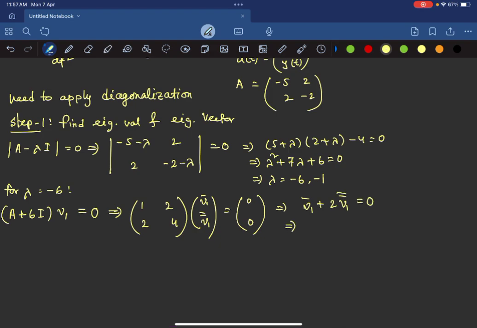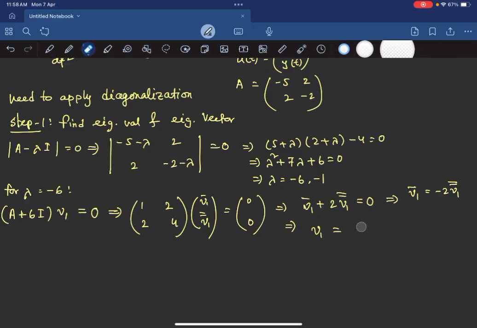From here, v1 bar is minus 2 v1 double bar. So suppose you take v1 double bar as k, immediately v1 bar will be minus 2k.